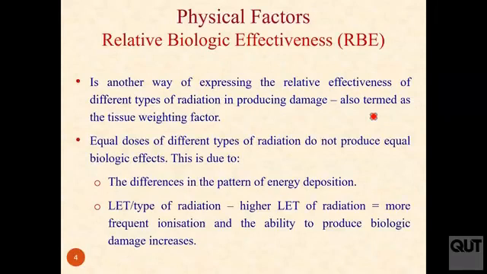Another way of expressing the relative effectiveness of different types of radiation is the radiation weighting factor, which we did last week. It comes from differences in the pattern of energy deposition and the likelihood that it's going to cause a double strand break in the DNA.